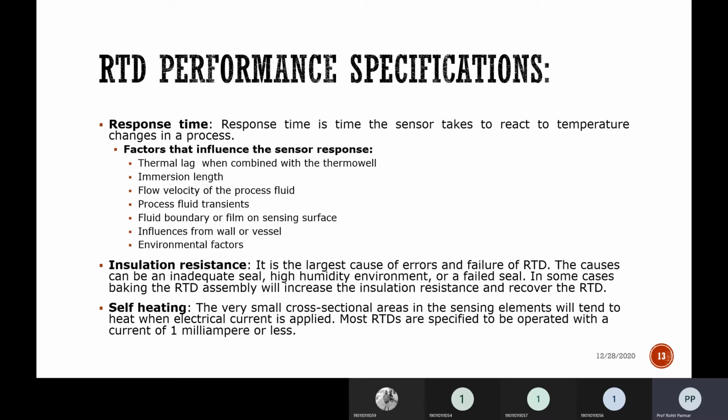Then insulation resistance. Consider an RTD; we are protecting the RTD in a shield. At that place, insulation resistance should not create any kind of hurdle in the measurement. And self-heating.